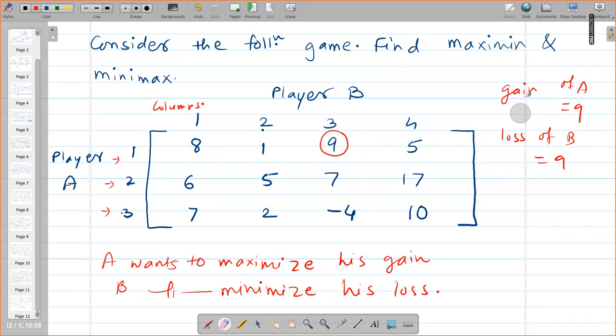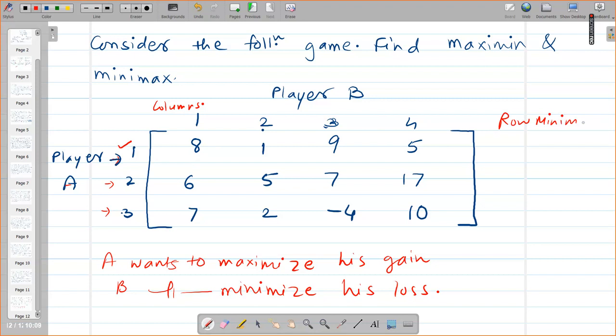Okay, so now row wise, when I consider the first row, I'm saying that player A is now looking forward to play with strategy 1, suppose. Okay, strategy 1. Now I'm going to find out row minima.